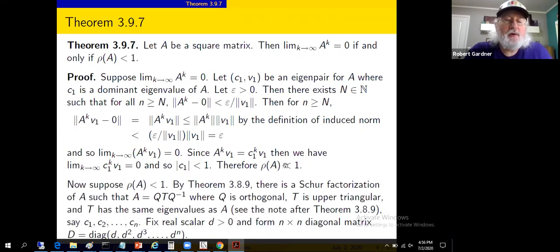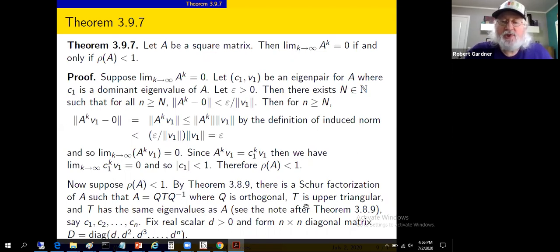So now suppose that the spectral radius of A is less than 1. Theorem 3.8.9 told us that a Schur factorization exists. Remember what a Schur factorization is? It means I can take matrix A and write it as an orthogonal matrix times a triangular matrix times the transpose or inverse of an orthogonal matrix.